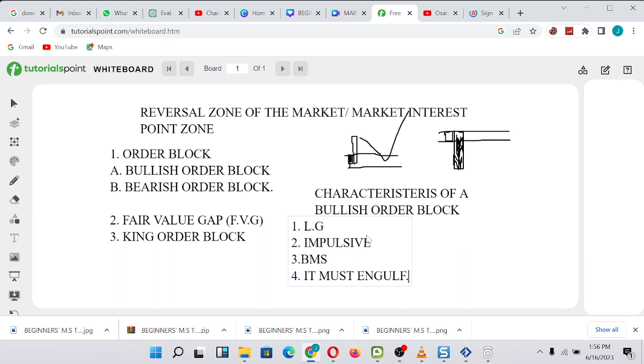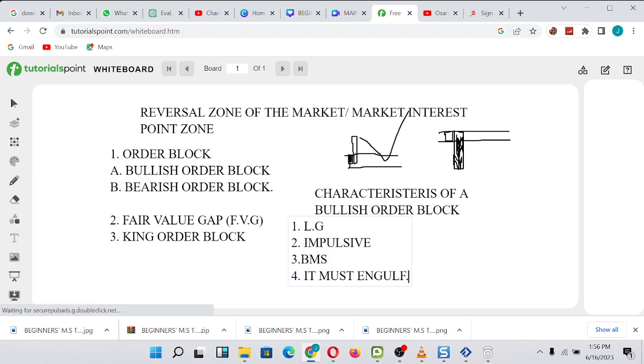So these are the characteristics you should look at to be able to identify a good bullish order block. First, it must take out liquidity. Secondly, the move away from the other block must be impulsive, meaning expansion, the same word.